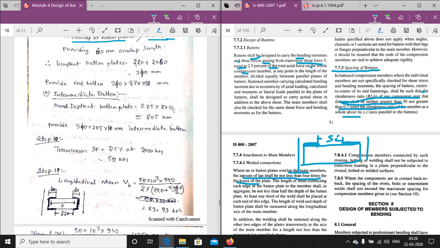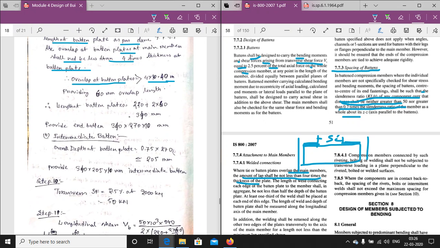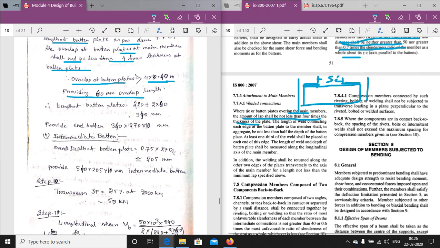Providing 60 mm overlap depth, which is greater than the minimum. So 220 plus 2 into 60 is 340 mm, providing the batten equal to that value. We have got the thickness, we have got the length, and we have got the depth.